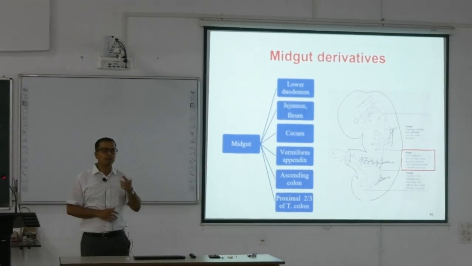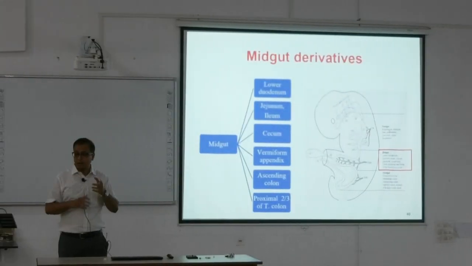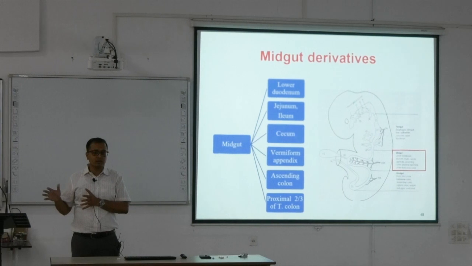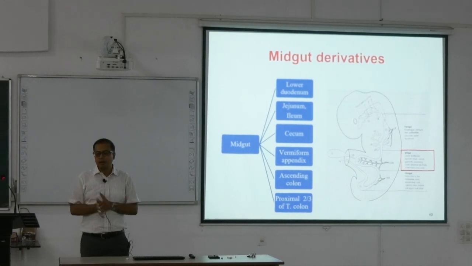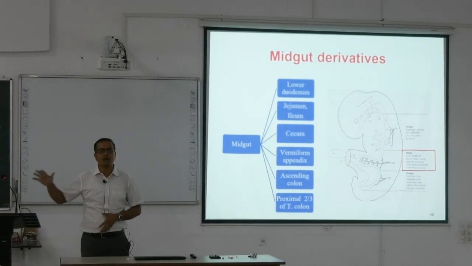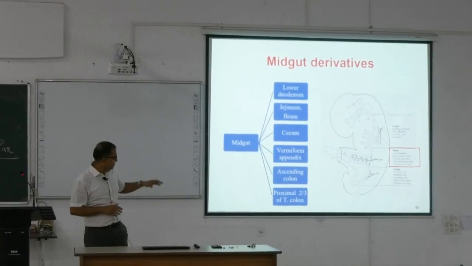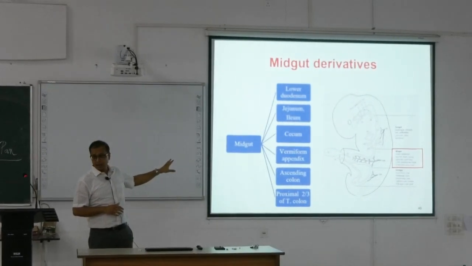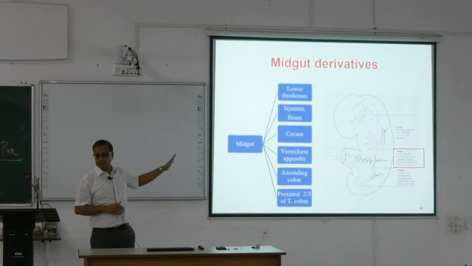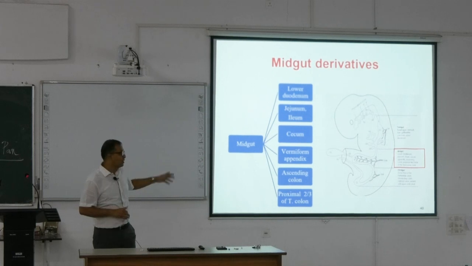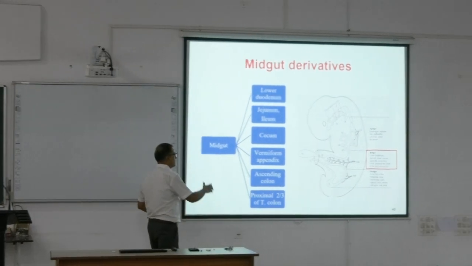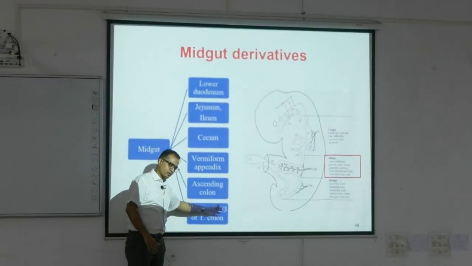We learned about the blood supply of this GI system, like the superior mesenteric artery and the inferior mesenteric artery, how much is supplied by the superior mesenteric artery, how much by the inferior mesenteric artery, and what the transition line of this blood supply is. So this basically explains why the superior mesenteric artery supplies the proximal 2/3 of the transverse colon.